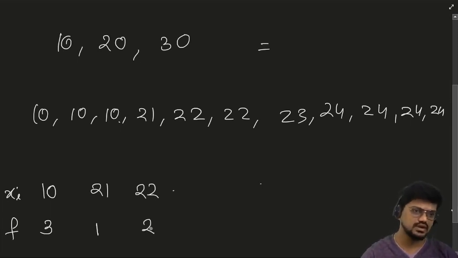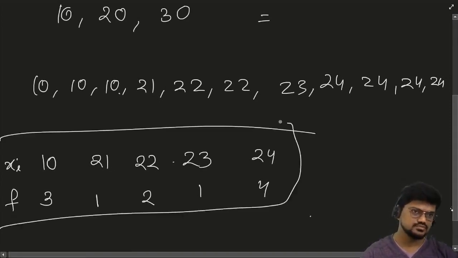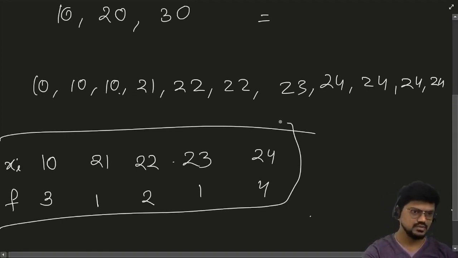That's the frequency. 23 only once, and 24 four times. This is what your grouped data is, where we have written the data with frequencies. 10 has appeared 3 times, 21 appeared once, 22 appeared twice, and so on.